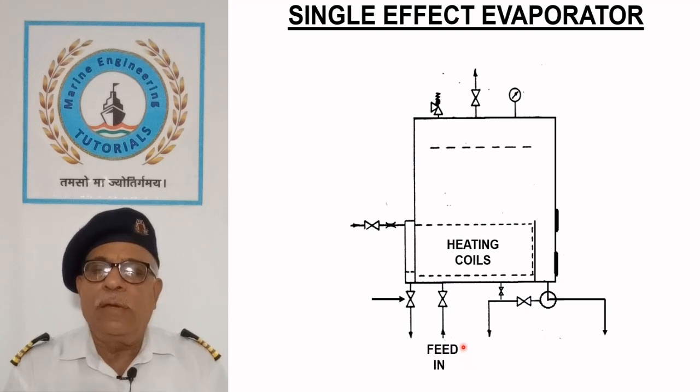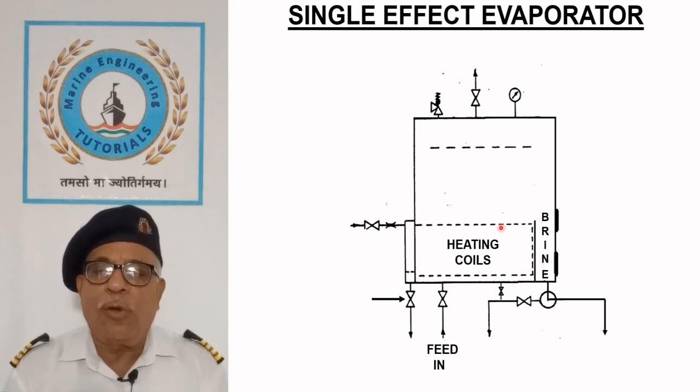Seawater was supplied to the evaporator shell by the general service pump which kept the heating coils submerged. Excess feed water supplied for the removal of salt flowing over the weir was collected in brine tank.